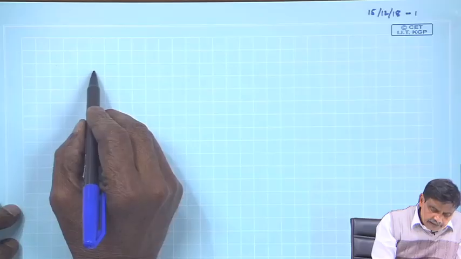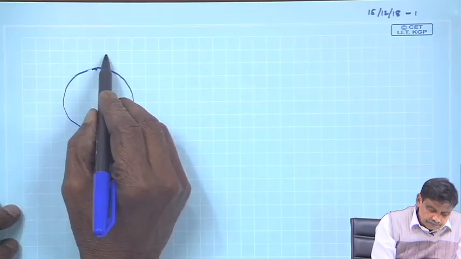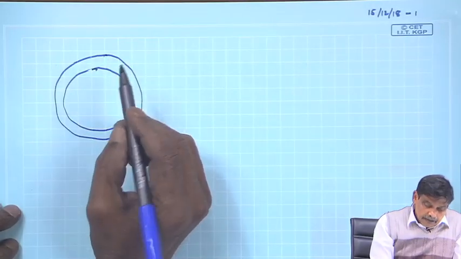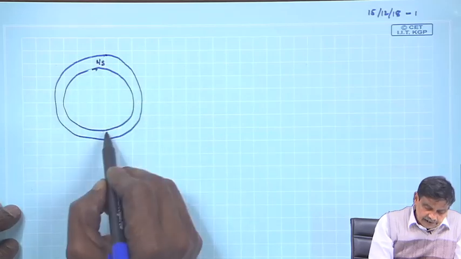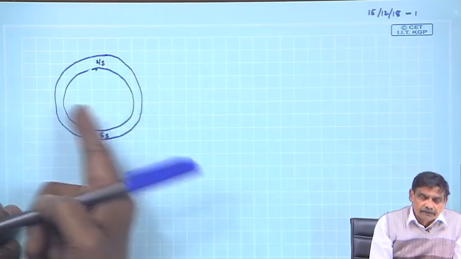The number of poles produced by the stator and by the rotor must be the same. For example, suppose you have a stator like this, which has produced 2 poles Ns and Ss, and for this you need a single coil.